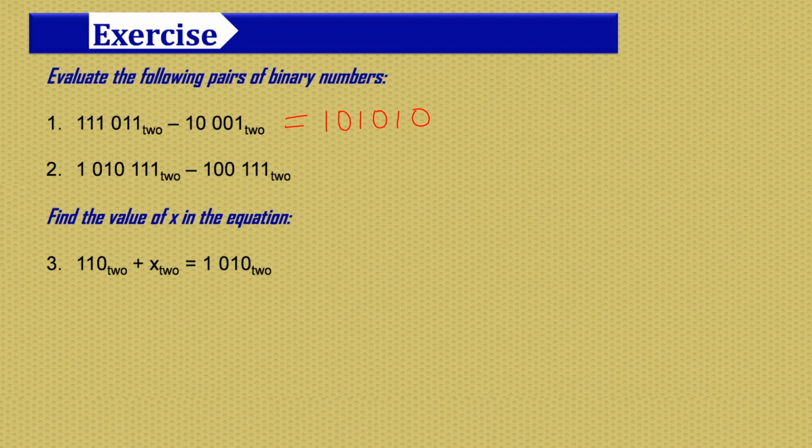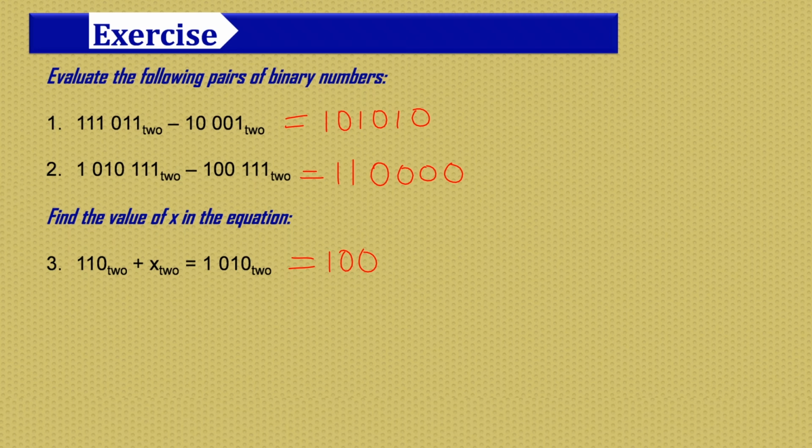And the correct answer to question 2 is 1, 1, 0, 0, 0, 0. And lastly, the correct answer to question 3 is 1, 0, 0. If these were your answers, you are correct. And please note that all these answers are in base 2. This is where we come to the end of this lesson.